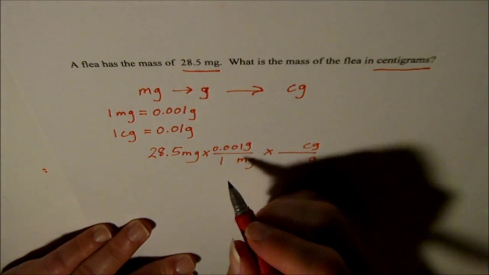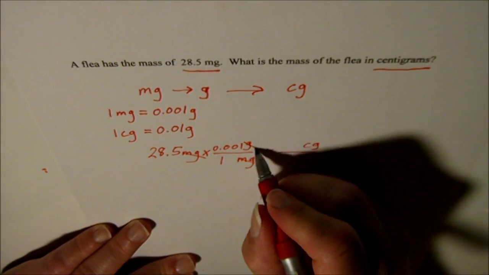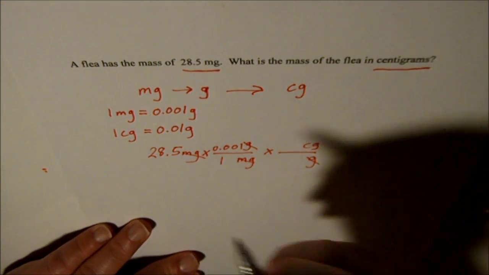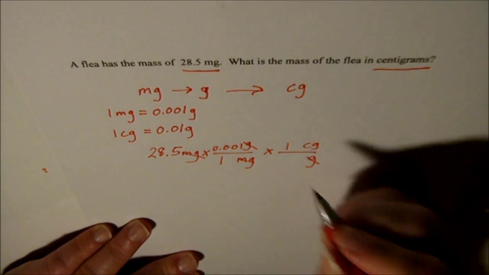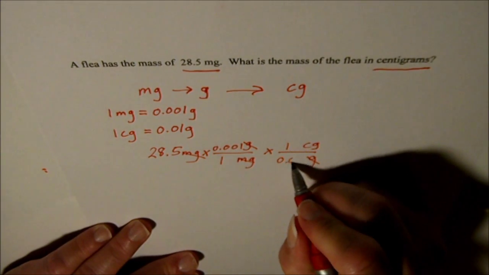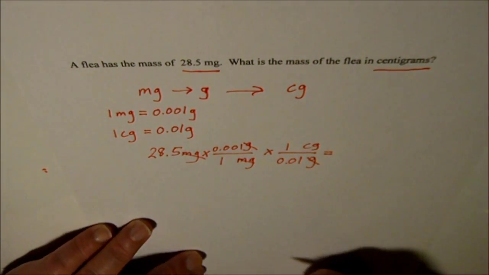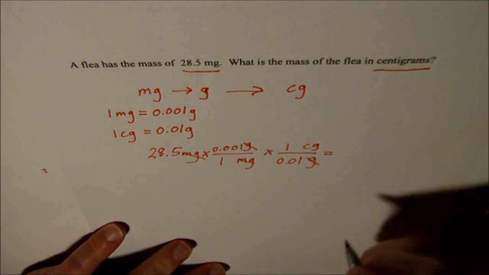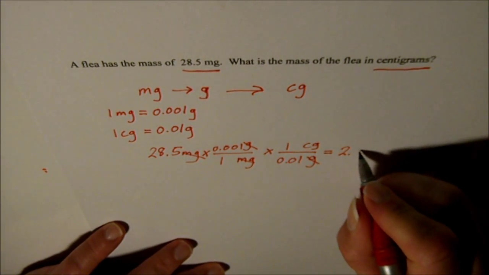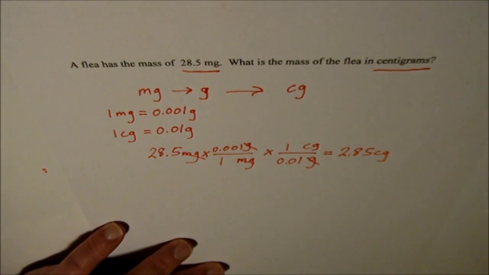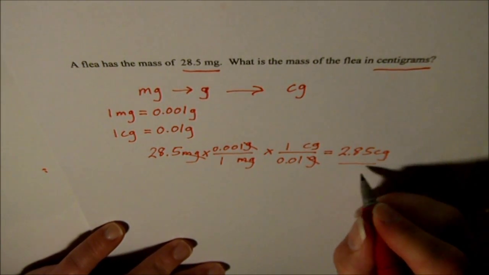So milligrams will cancel, grams will cancel, we're left with centigrams, which is what we want. Put in the numbers for this. This is 1 centigram, 0.01 grams. And what is it that you get? You get 2.85 centigrams. Okay? That is the answer.